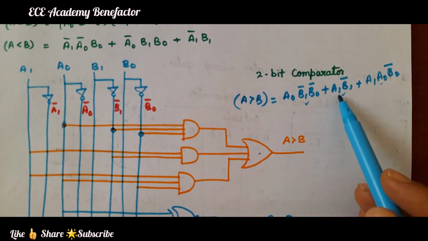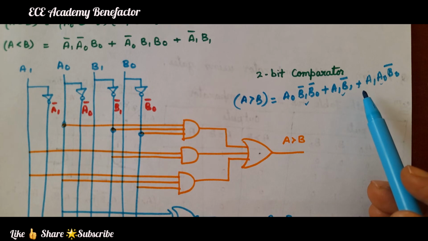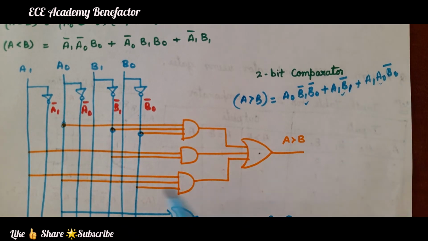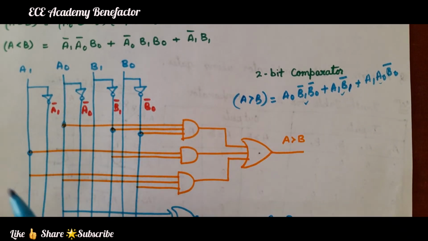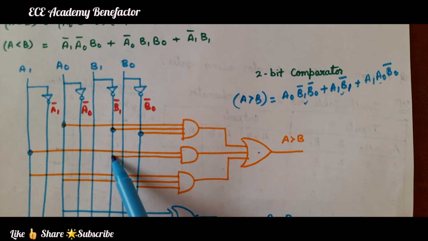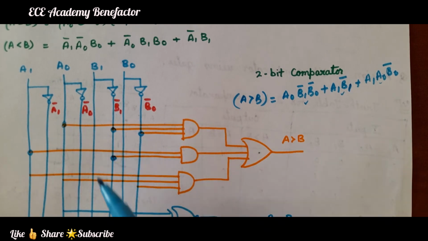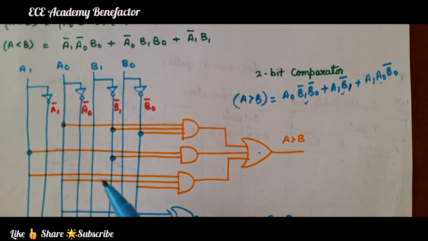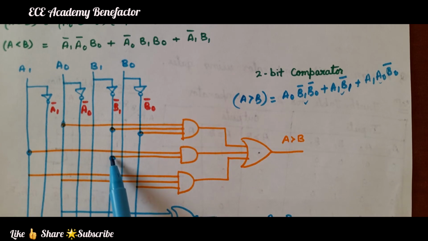Second term is A1 B1 bar. This is A1, this is B1 bar. We have to circle them or darken it to show that this input of the AND gate is connected to B1 bar. If you don't darken it, it is not clear which input line out of these this input is connected to.